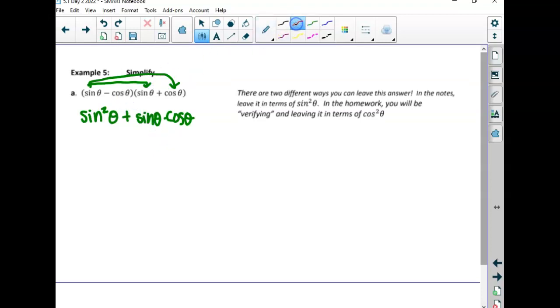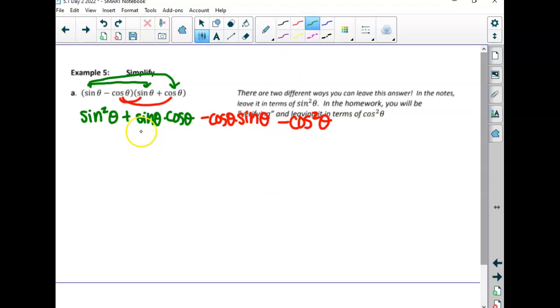And then if we distribute this guy, we have a negative cosine of theta times a sine of theta, which is really the same as this sine, cosine, cosine, sine. Those are the same. Yes, they will cancel each other out. Yep. So this is a negative cosine times a positive cosine. What's a -1 cosine times a +1 cosine going to become? A negative cosine squared. Good job.